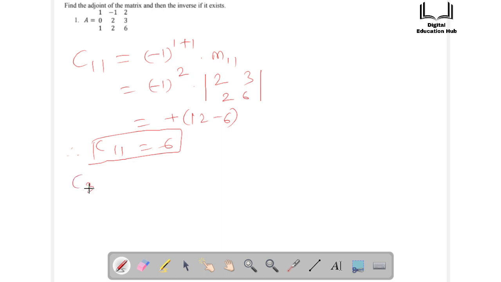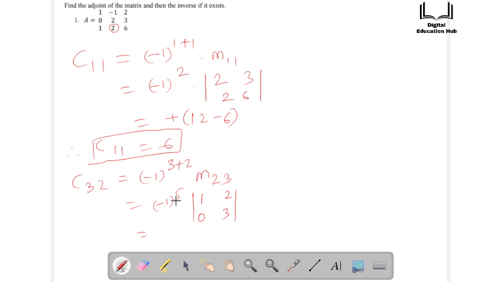Similarly, C32 can be given as minus 1 raised to 3 plus 2 and minor of 2 and 3, that is minus 1 raised to 5 with minor of 2 3, that is minor of this element. Now that can be written as 1 2 0 3, and now you solve this.